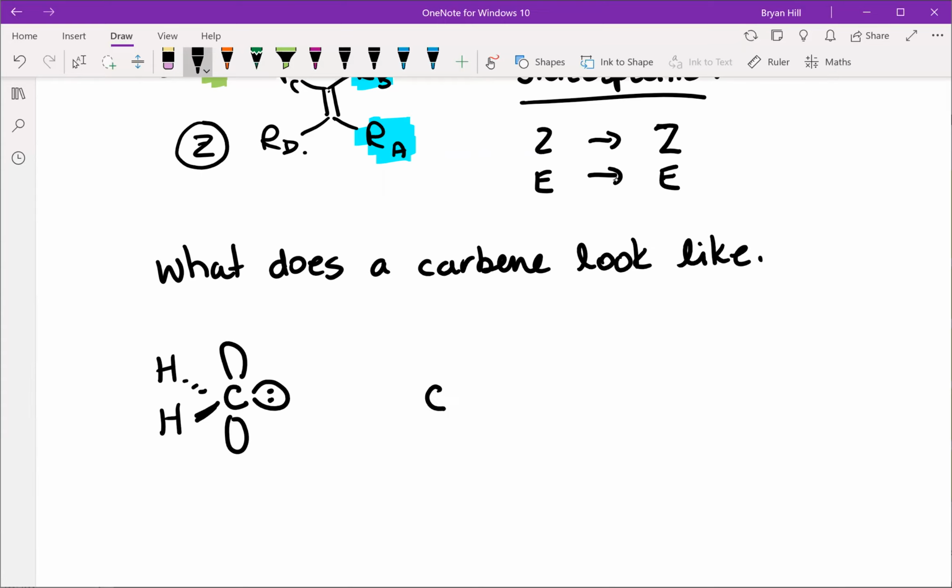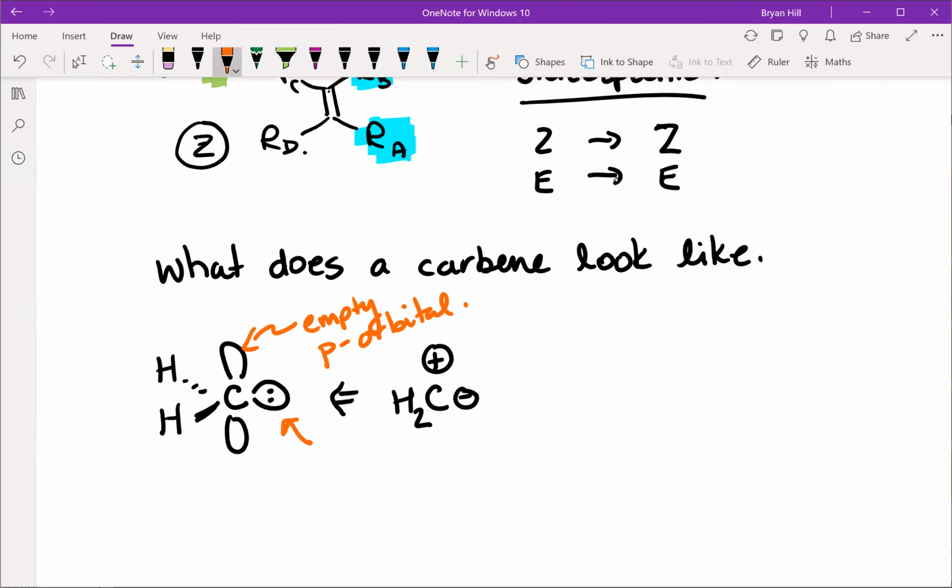So if we've got a carbene which has got a positive and a negative, like the way I've drawn that, CH2, it would look like this. So you've got an empty p orbital, and you've got an orbital with basically a lone pair.